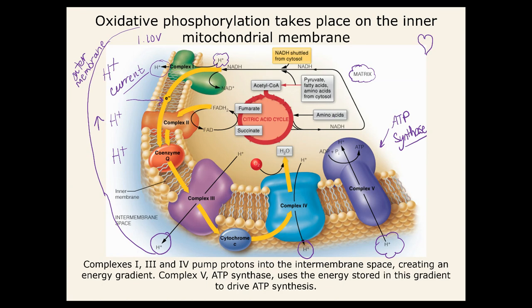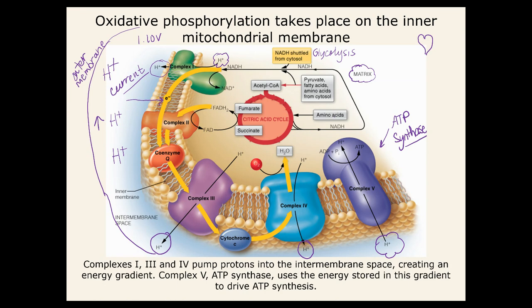And then one other thing that I think is so important is that see where it says NADH shuttled from the cytosol, meaning that the NADH, that's from glycolysis. That's what has to get shuttled in because it has to get into the mitochondria and into the spot where it needs to be. That requires a special carrier.